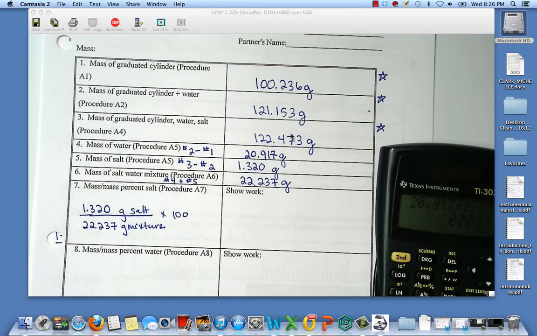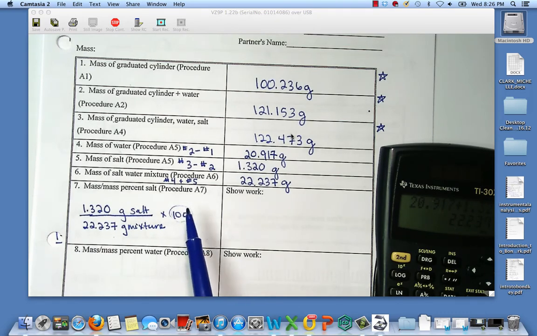Now what are we doing? Are we subtracting and adding, or are we multiplying and dividing? Oh, so we've got a different rule. This isn't addition and subtraction, it's multiplication and division. Now, for your sig figs, this 100 does not count at all. Ignore it for your sig figs. That's just percent.